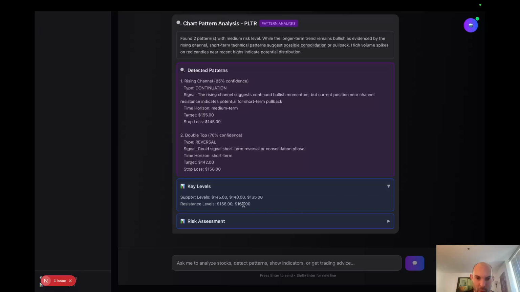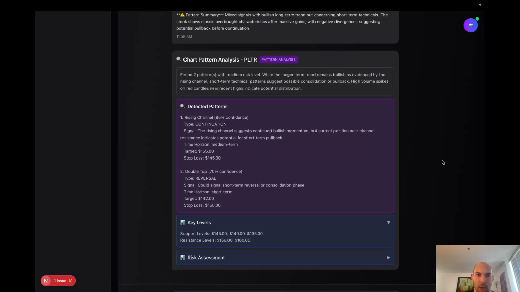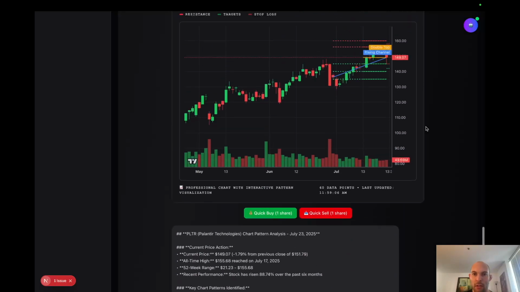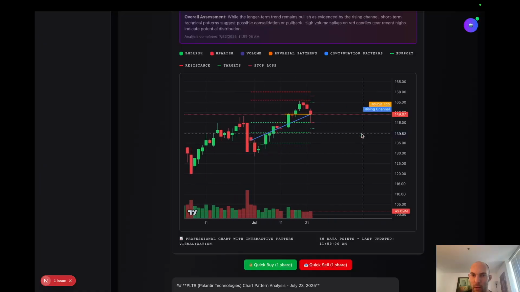Very cool. Support levels at 145, 140, 135. Resistance at 156, 160. A rising channel continuation, and we have a reversal of a double top. Some stop losses. Okay, found two patterns with medium risk level while the longer term trend remains bullish as evidenced by the rising channel.